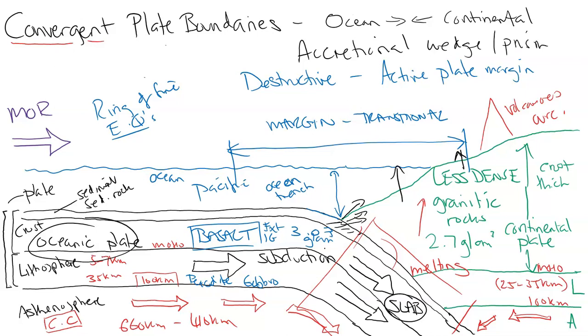There are basically layers of scraped-off thin slices of sedimentary rock. So there'll be thin slices of sedimentary rock put onto the continental crust right there, and this is called an accretional wedge.